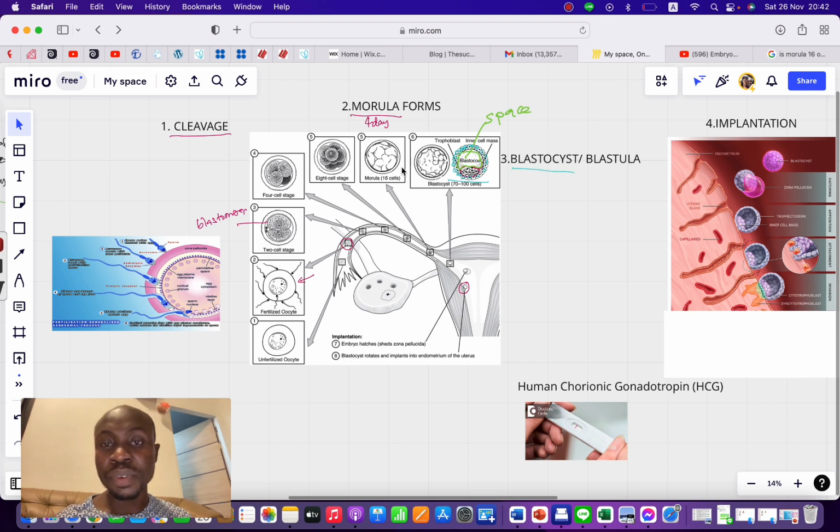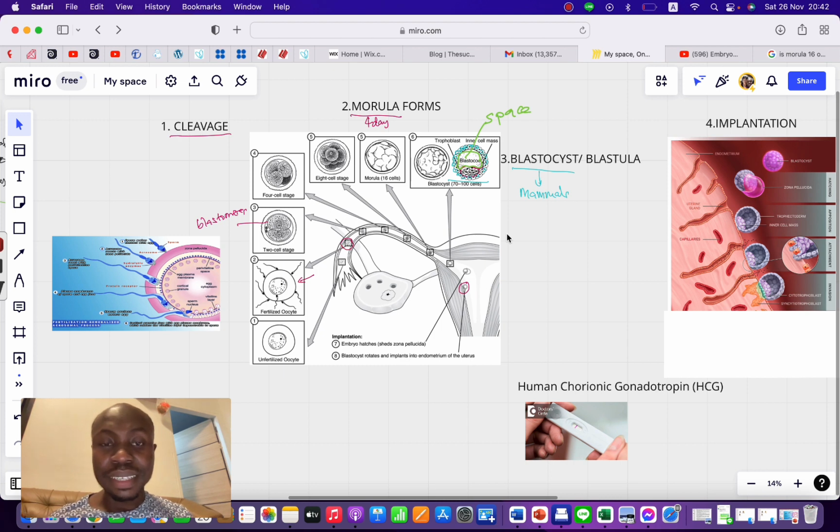So we went from morula and now we have formed a blastocyst. Sometimes you hear blastocyst, sometimes blastula, but blastocyst is usually used when we are talking about humans and other mammals. Let's write that down, mammals. And blastula is used for other organisms which are not mammals.